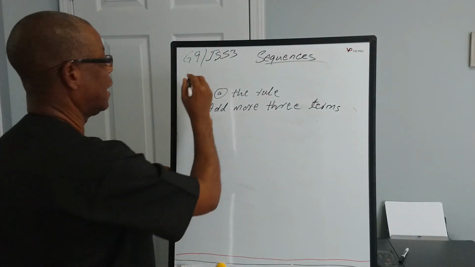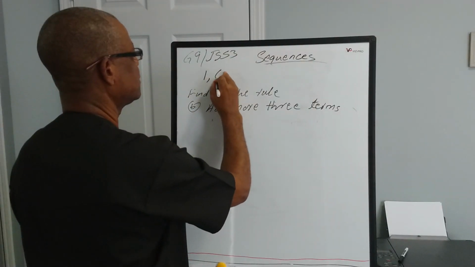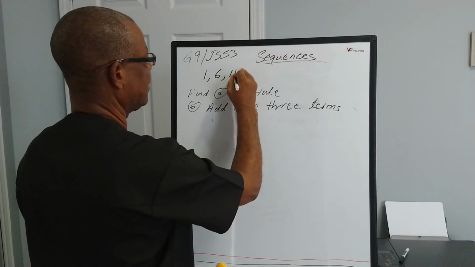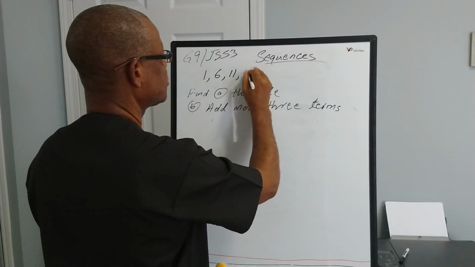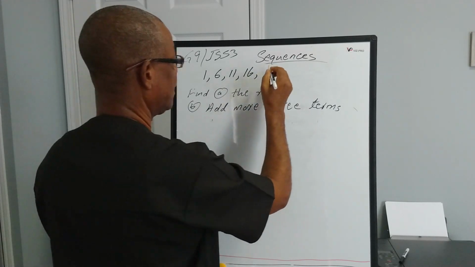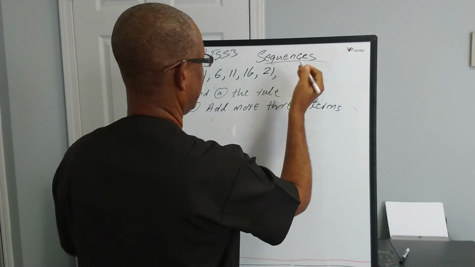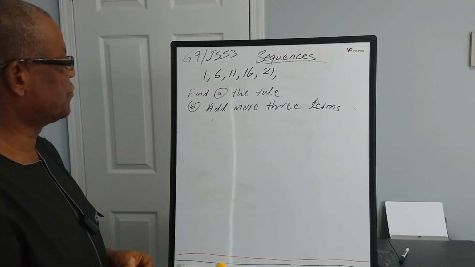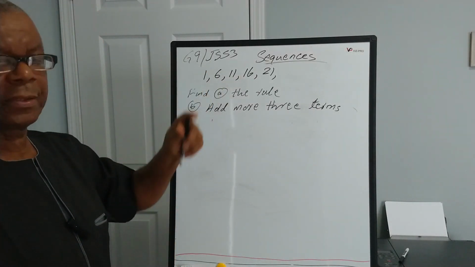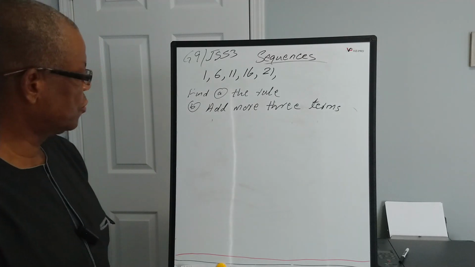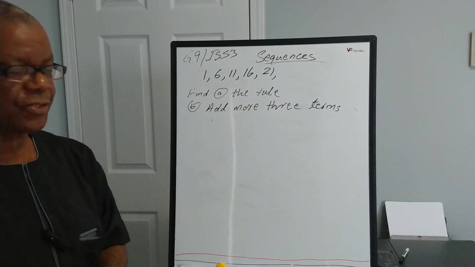Let's have it here as a sequence: 1, 6, 11, 16. We're expected to find the rule here and also to add more 3 terms.